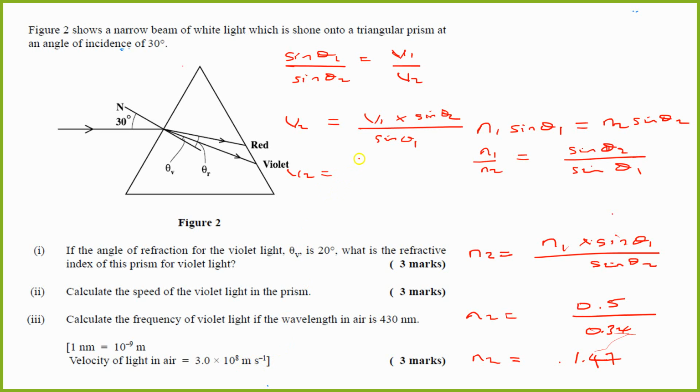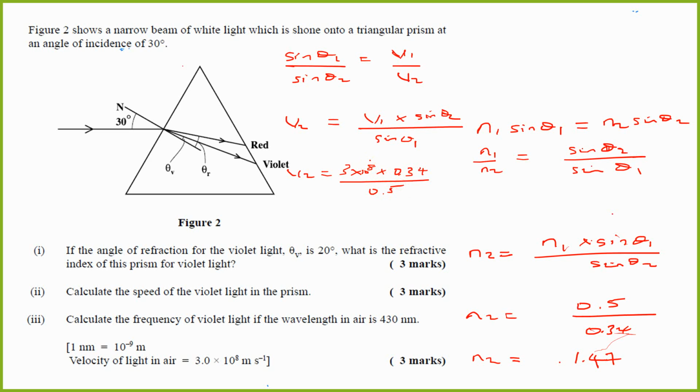So all we need to do now is plug in the values. We have 3 times 10 to the 8 times sine theta 2, which we worked out already to be 0.34, divided by 0.5. The numerator is a very large value.